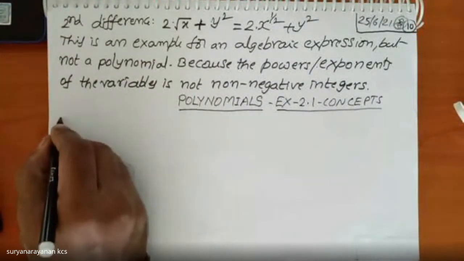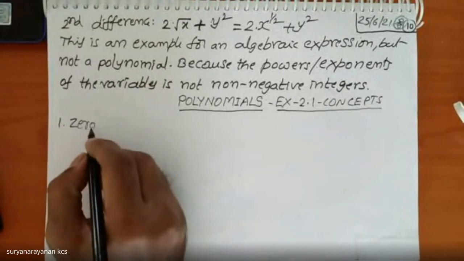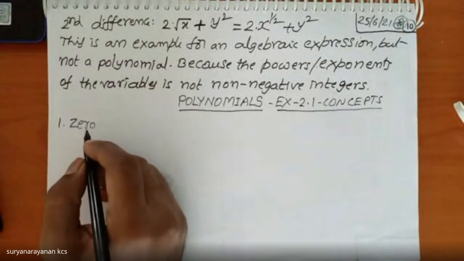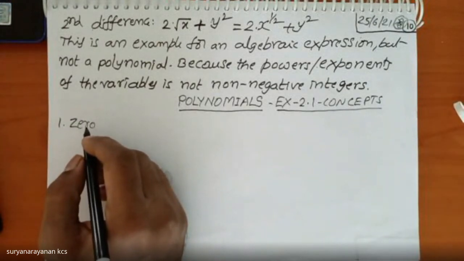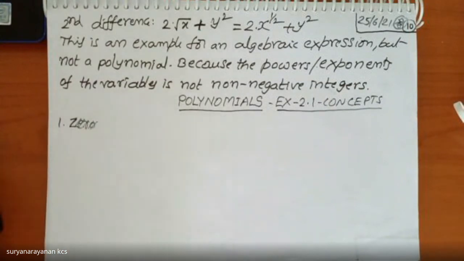Zero polynomial. First I will explain constant polynomial, after that I will explain zero polynomial.